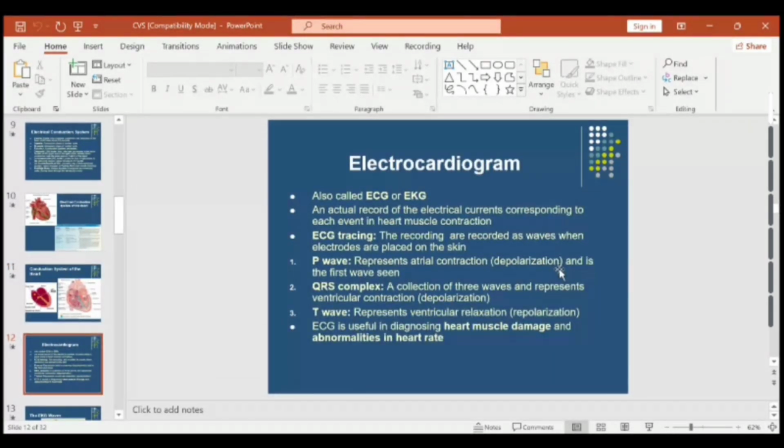The impulses being generated from the heart, we can record them and transform them from an electrical impulse into something readable, either on a screen or printed on paper. We call it the electrocardiogram, or simply the ECG.